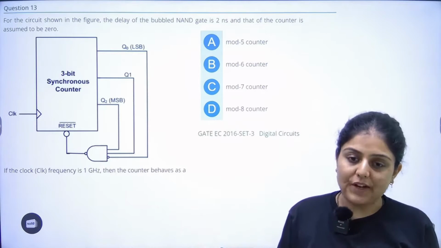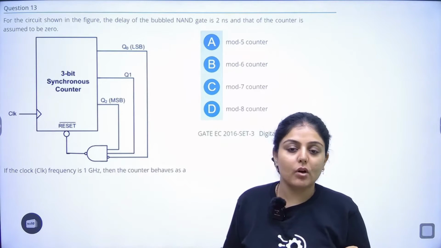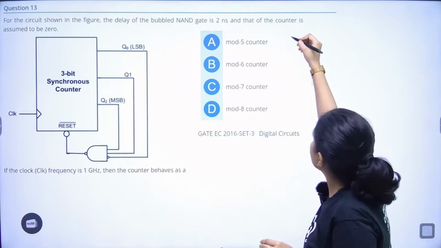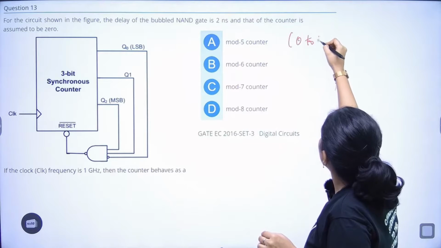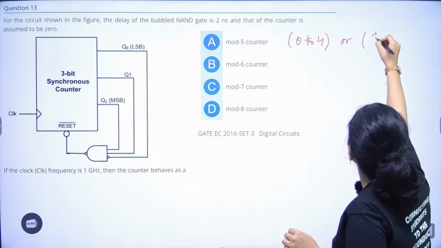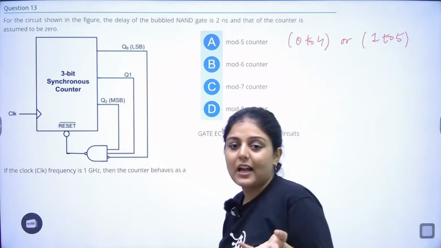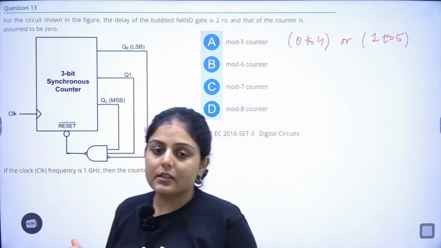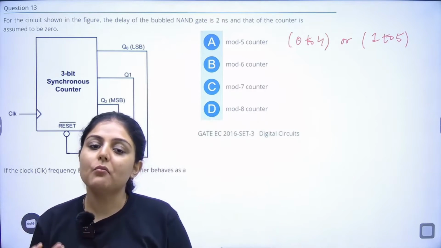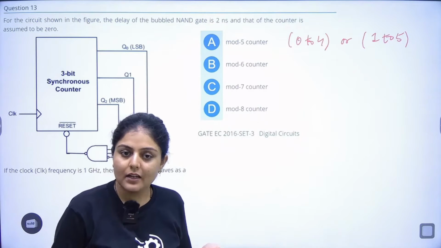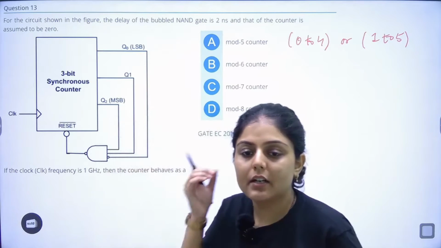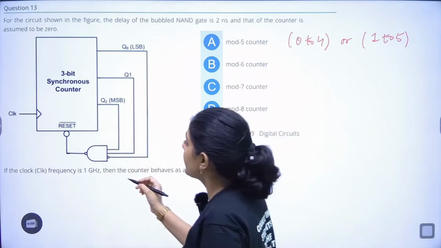If we start from 0 up to 4, that will become mod 5. If we start from 1 up to 5, that will also become a mod 5 counter. Both are the same. I am giving you just an example for a mod 5 counter. This is how we find out the mod value of any counter. And what is this? This is the reset or clear.